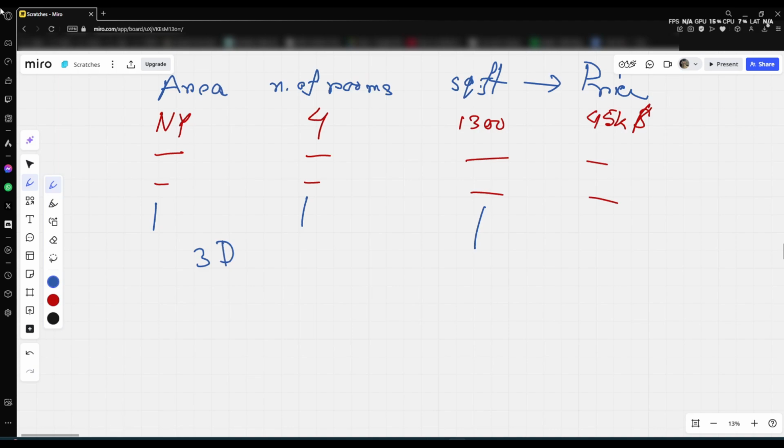So linear algebra is effective with high dimensional data. This is 3D data, right? We humans, our capacity is 3D only. We cannot visualize a 4D image, a 4D vector. But what if we have a dataset or a vector that has not 3 but 300 features?